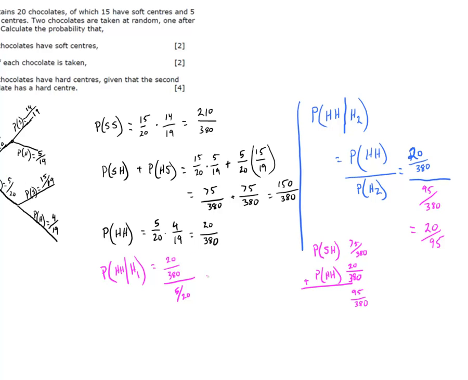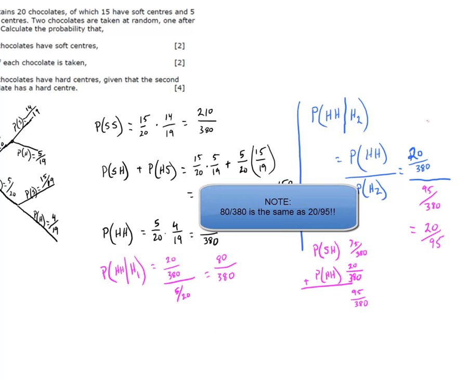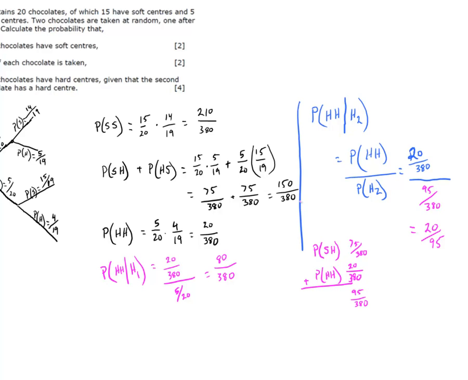That will give us 80 out of 380. As you can see, the answer is the same. The probability of getting two hards doesn't change if the hard comes first or the hard comes second. The calculation is a little different, but the result is the same. And so that's the end of that solution.